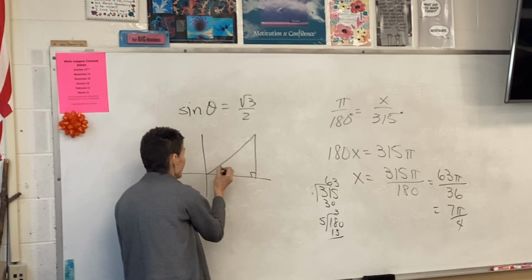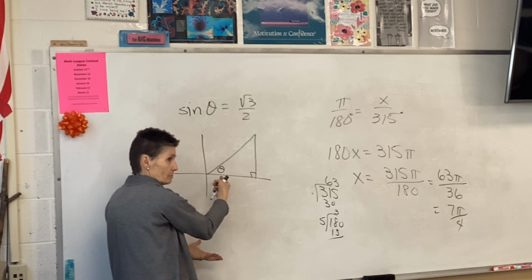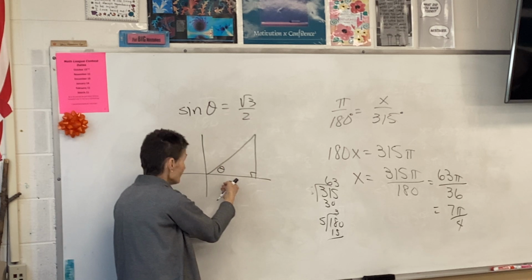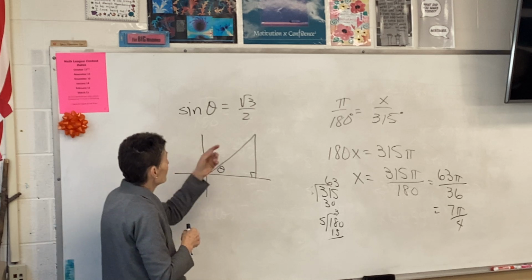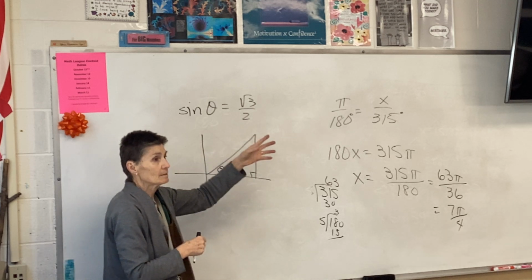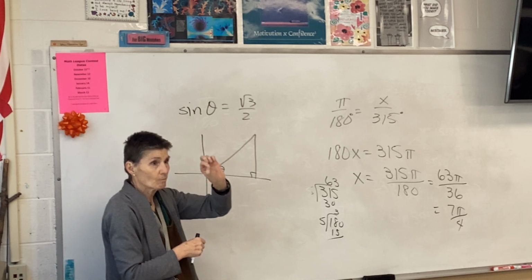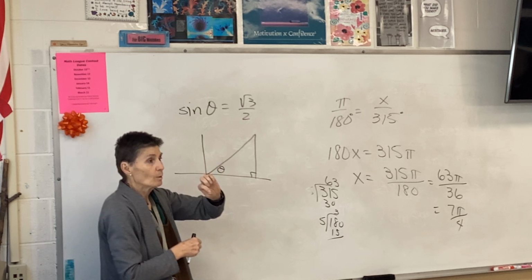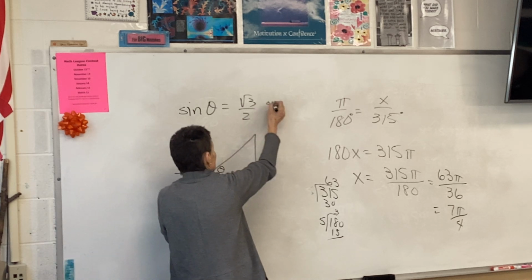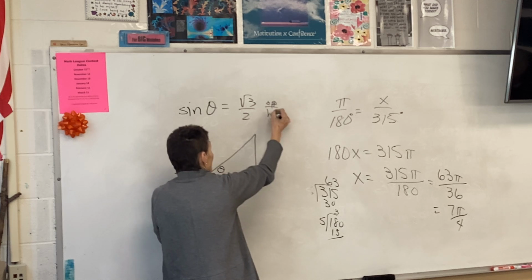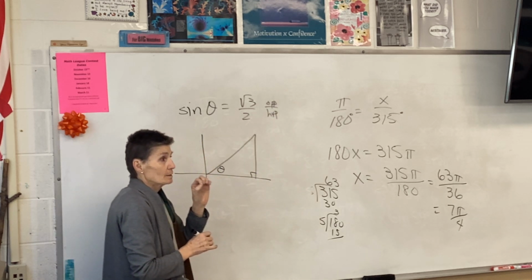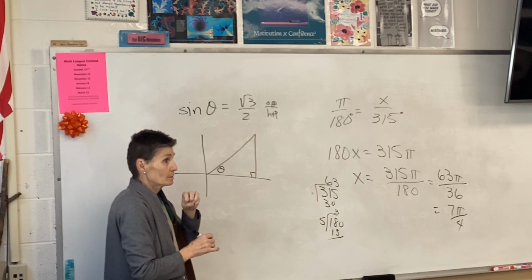I need theta, and that's what I don't know. That's my angle, theta's my angle. And I know the sine is root 3 over 2, which means opposite over hypotenuse is root 3 over 2.